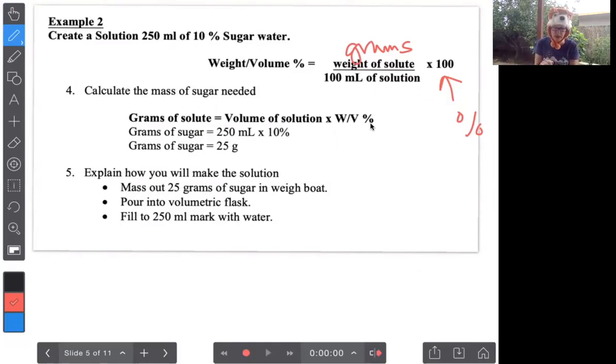Let's find the mass of sugar needed if we're going to make 250 mils and we want 10%. So we have the volume of the solution times weight per volume times percent.